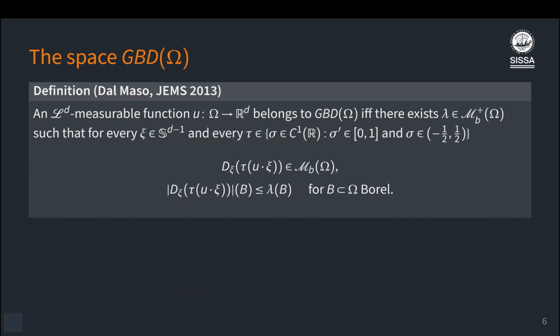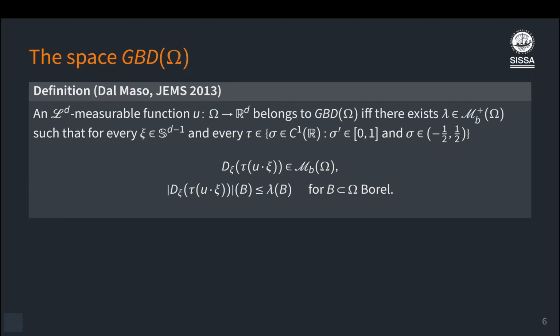So he introduced the space of GBD functions, functions of generalized bounded deformation, as the space of those measurable functions from omega into R^d, for which every time I pick a direction xi in the unit sphere, and anytime I pick a truncation function that here is not from R^d into R^d, it's from R into R, because I'm going to truncate components of this function, and I suppose that I have a control on the derivative of these functions and that their image is constrained in a box, then if I look at this distribution here, it's actually a measure.